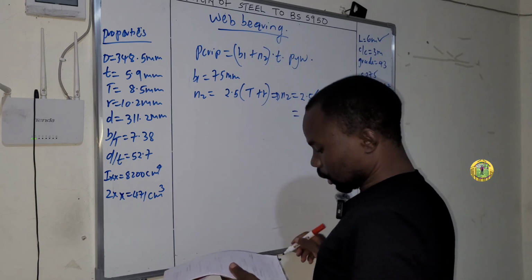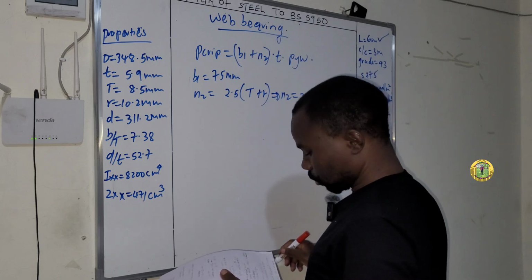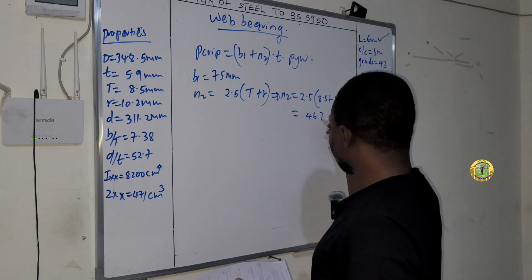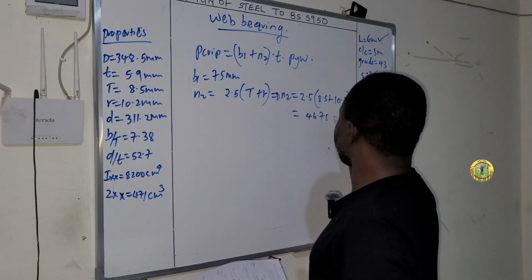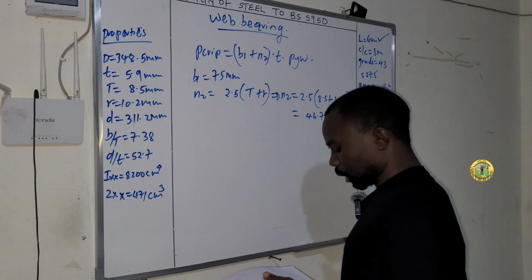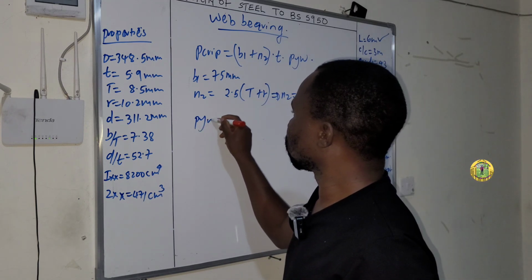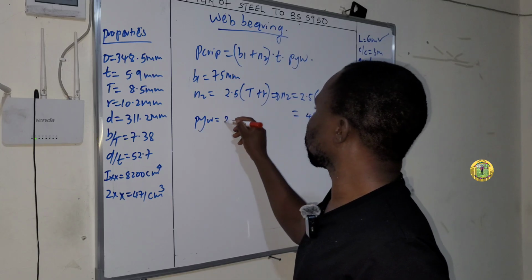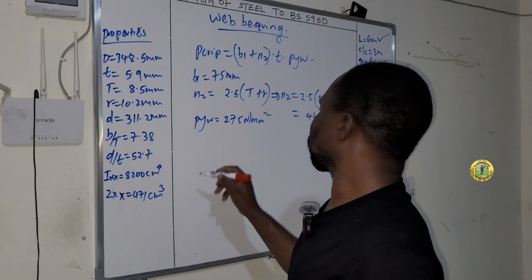So this one is equal to 46.75 millimeter. And PYW is the strength of this steel, which is 275 Newton per millimeter square.